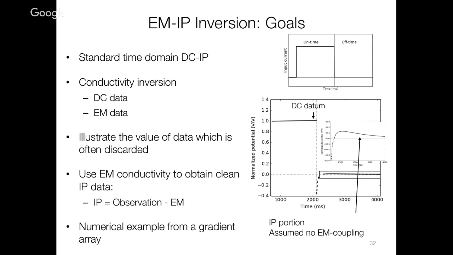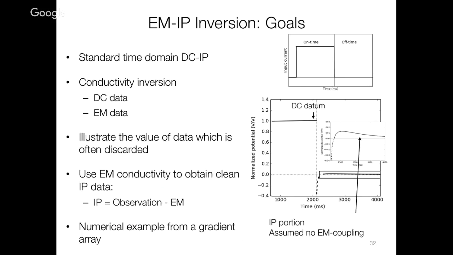So the real curve when you turn this thing off looks as follows. Immediately after turn off, you get an EM signal. So there's going to be a negative that's coming in, and then the IP kicks in, and then you have something positive that is decaying.